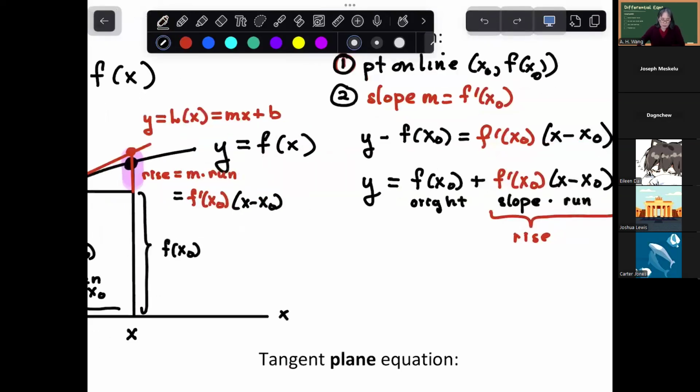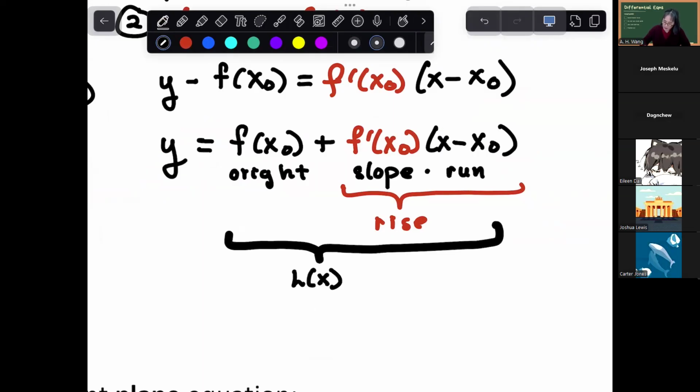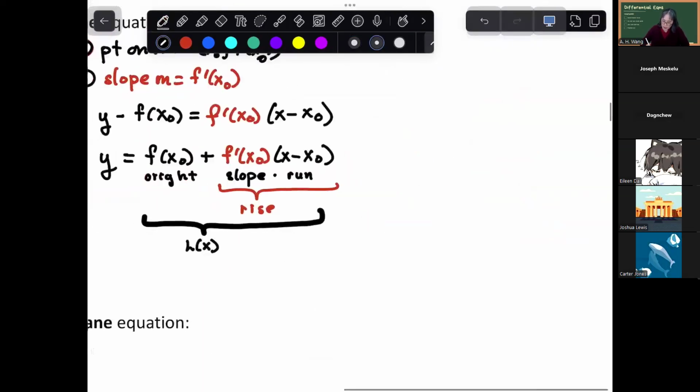So what you would say is that this guy right here, this is the slope of the tangent line. Okay. And so you would call this right here the L of X. That's the L of X. Okay, so then you would just say, oh yeah, L of X equals this function right here.